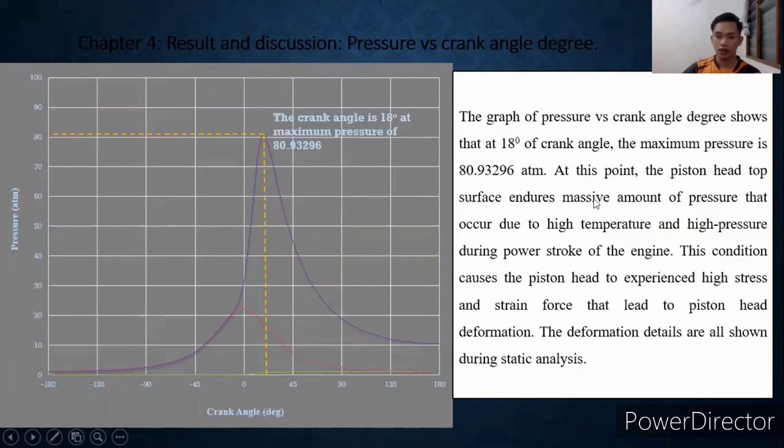And at this point, the piston head top surface experiences a massive amount of pressure due to the high temperature and high pressure during the power stroke of the engine. And this condition causes the piston head to experience high stress and strain that lead to piston head deformation. And the deformation details are shown during the static analysis.